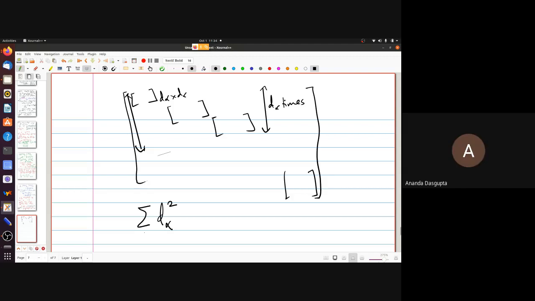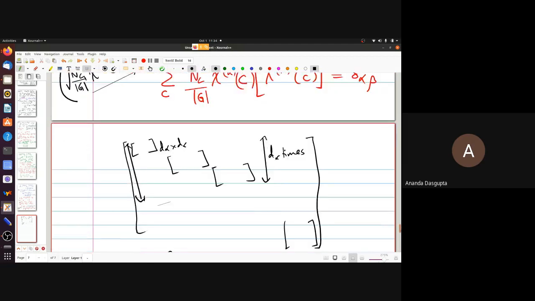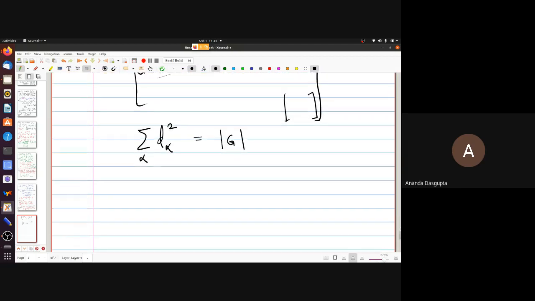Which means if you add this up over all the irreps, this happens for all the irreps, you just get the number of rows of this matrix. So pending a proof of this result that we are just quoting right now, this is a very important result actually, that the dimension of the irreps also is strongly restricted. Their squares have to add up to mod G.